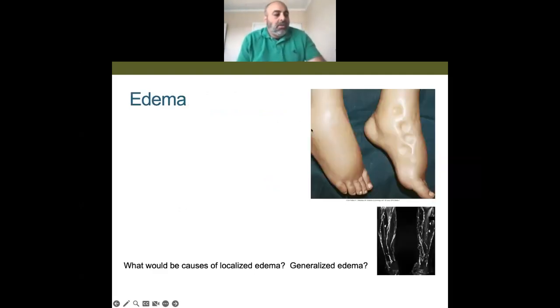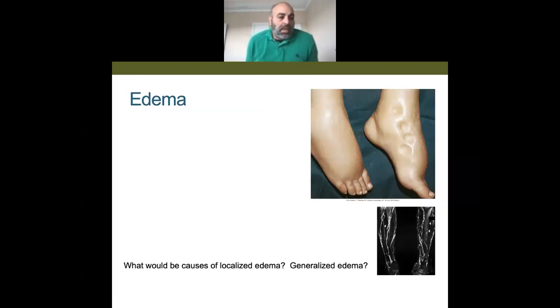So edema is exactly that. What's happening is there is excess fluid collecting in the interstitium. There are lots of causes. Lymphedema is what I was talking about. That's where you get protein structures in there and the lymph is not draining it, and so we get what's called pitting edema.